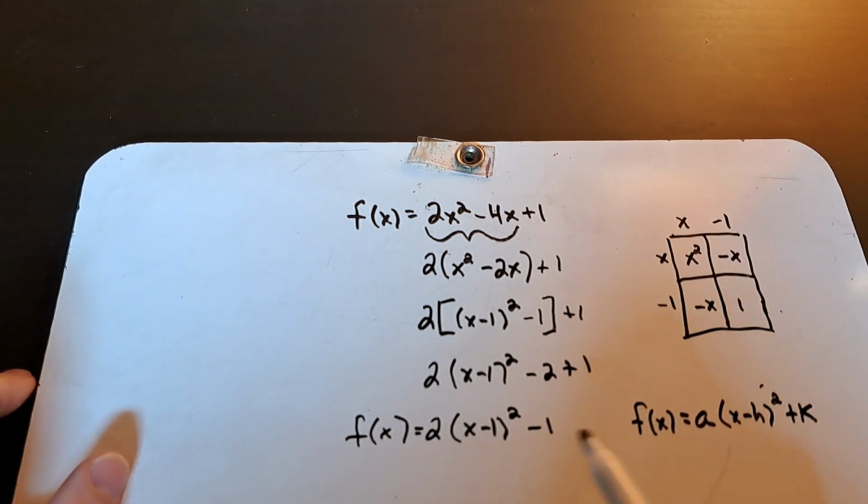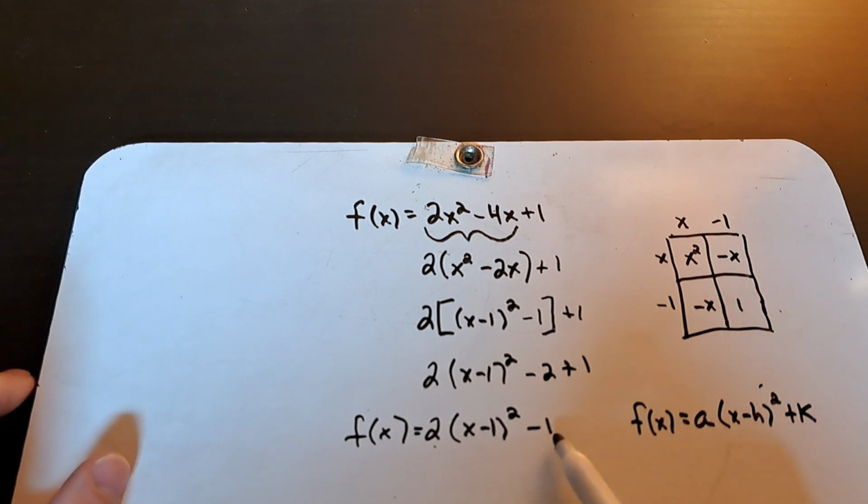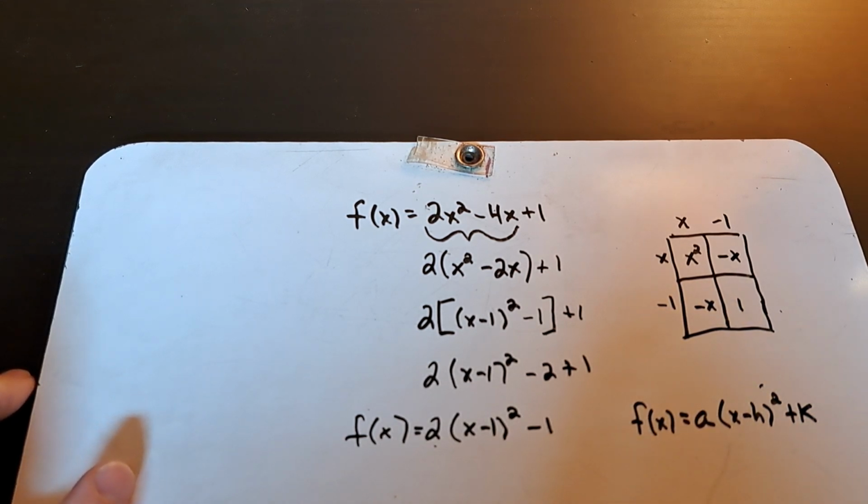Well, now that I have this in this form, I now have my a equal to 2. My h, x minus 1, or x minus h, now my h is 1, and my k is negative 1. Well, h and k is what gives me the x-coordinate and the y-coordinate of my vertex. And then a basically tells me not only is this thing going to curve up or down, but also how it's going to be stretched. Okay?